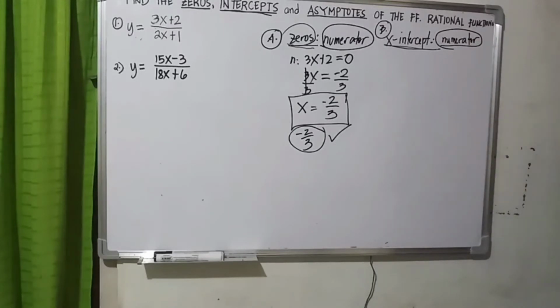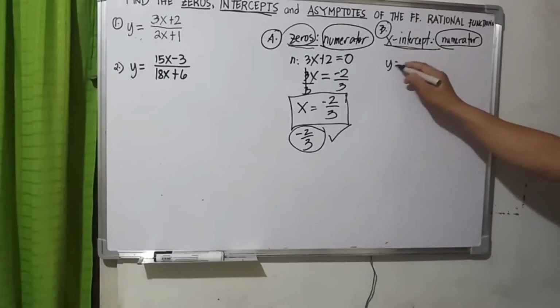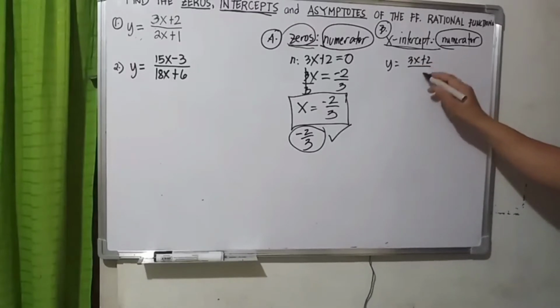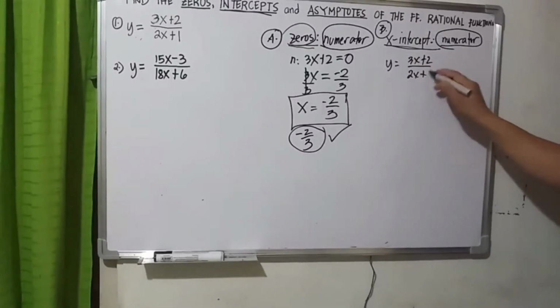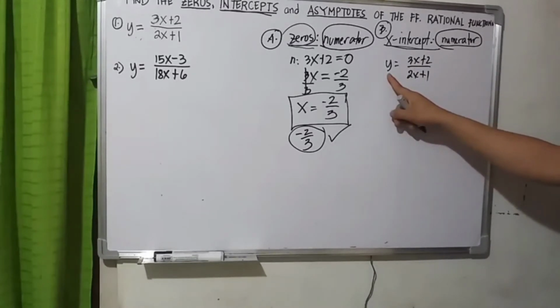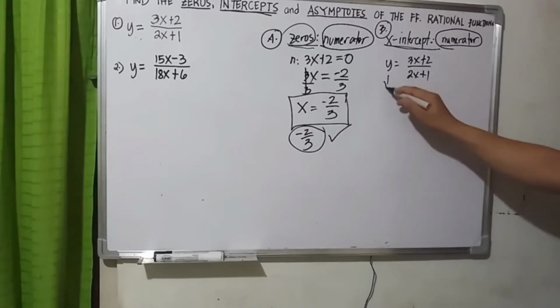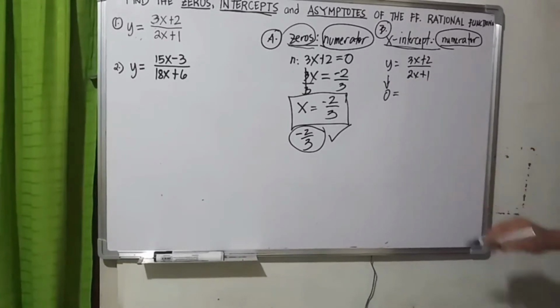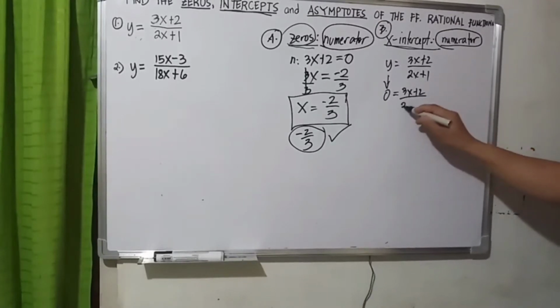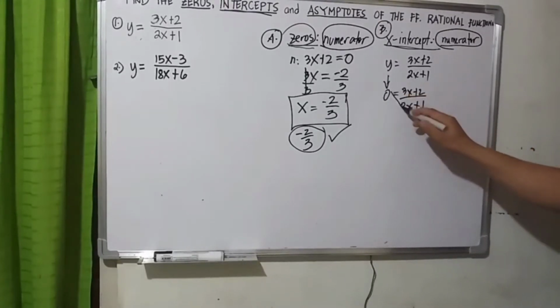Kung sundin natin yung rule ng x-intercept, that is y equals 3x plus 2 over 2x plus 1, substitute 0 for y and solve for x. So magiging 0 equals 3x plus 2 over 2x plus 1. I-cross multiply natin yan.